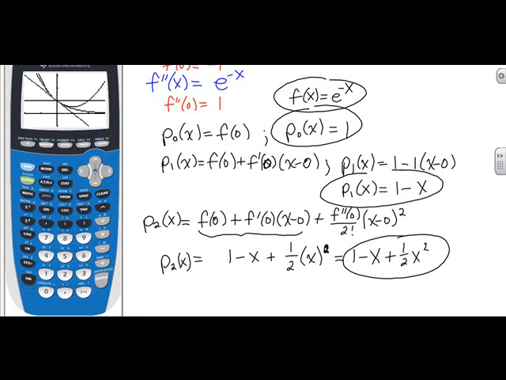And all three of these equations share the point (0, 1). But what's happening with our quadratic function, which was the last thing that you saw graphed there, is that we have the same function value, the same slope, and the same concavity at x equals 0. So the function value, the first derivative value, and the second derivative value are all equal.